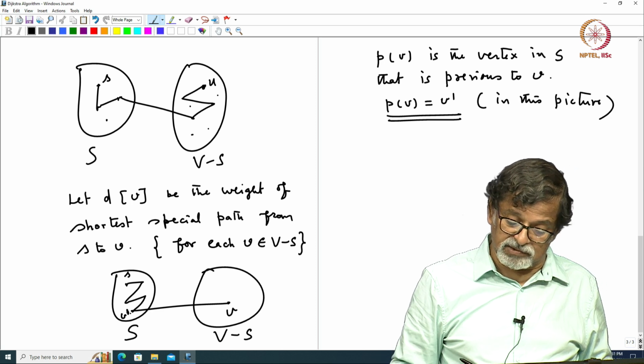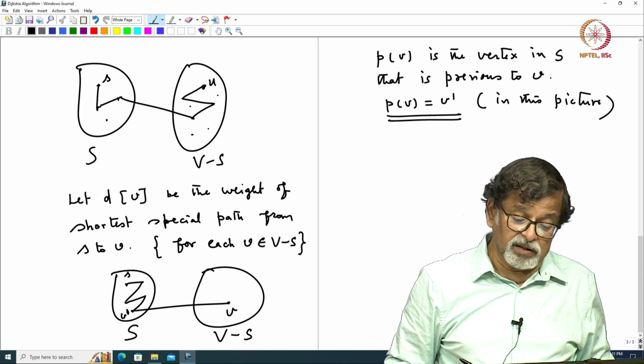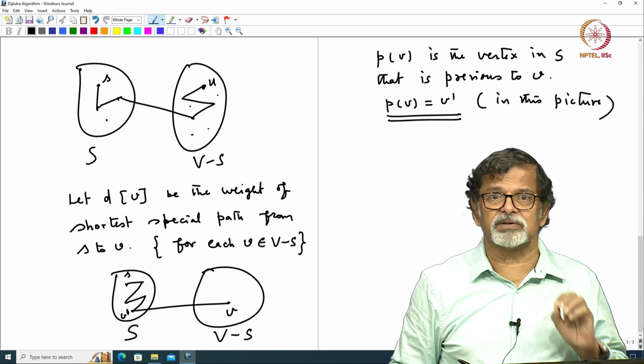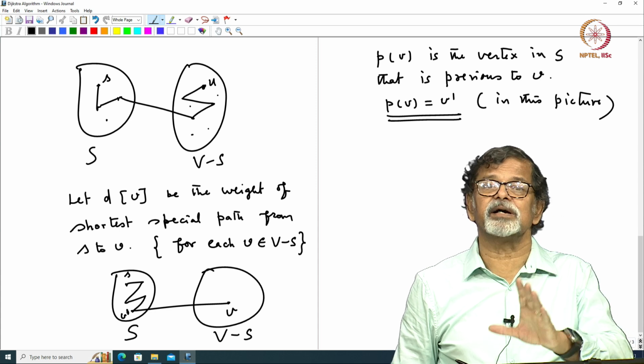So for each vertex we maintain just two pieces of information, D of V and P of V.